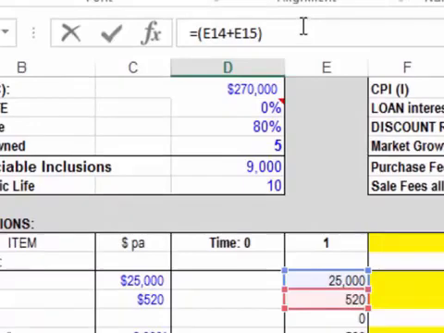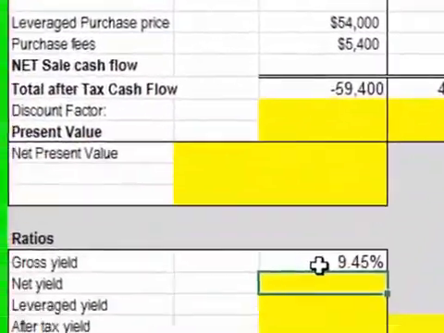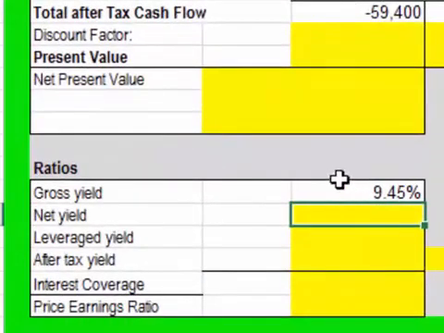And so basically the total income, or apparent rent, divided by the value of the property. So that gives us 9.45%, and we've got the yellow highlight to go away.